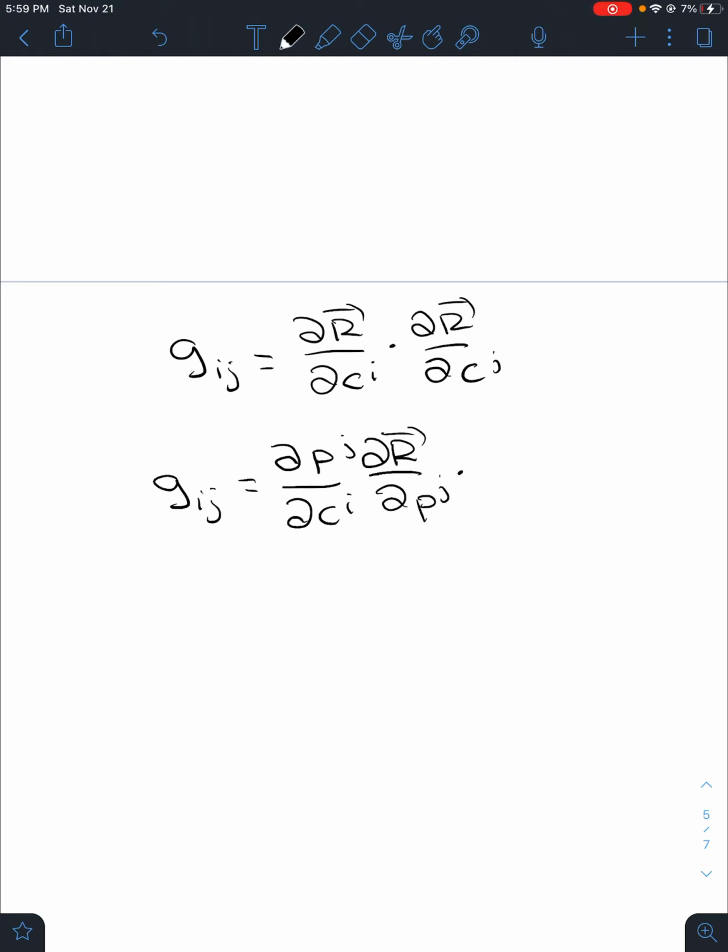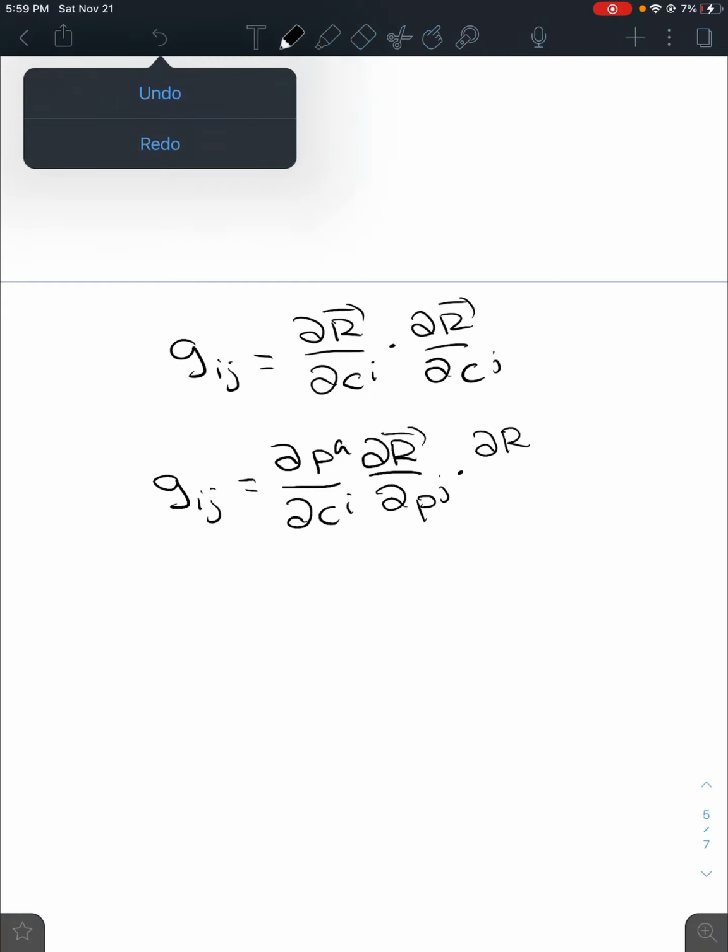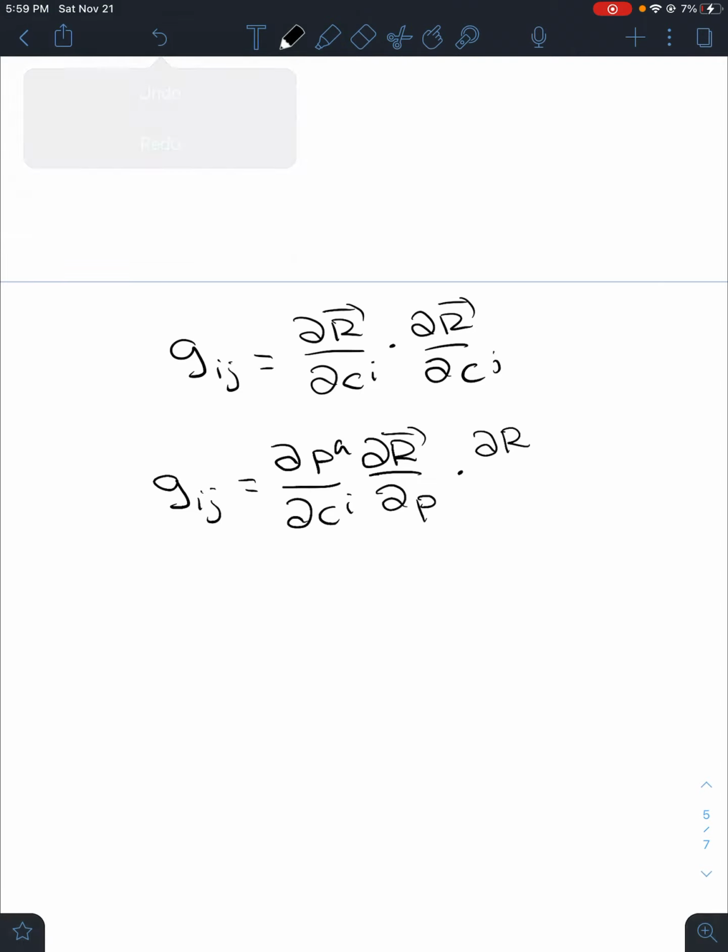This is going to be dotted with partial r. In fact, we should actually use a different index over here. Let's use a. This is going to be partial r over partial p^a.